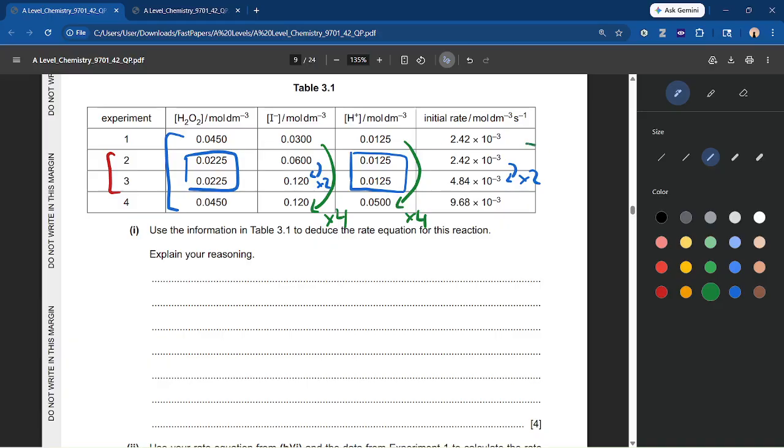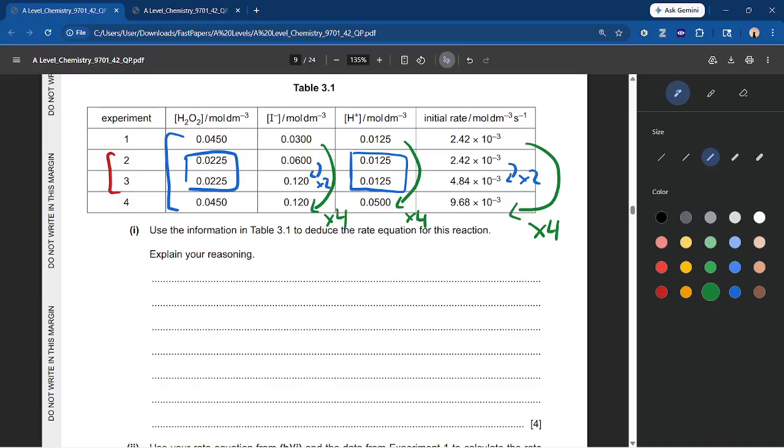So what happens for the rate? It goes from, let me put that in, divided by 2.42. That is a times 4 increase. That is very interesting. You'll notice that even with the amount of hydrogen ions increasing by 4, the initial rate is still just times 4.